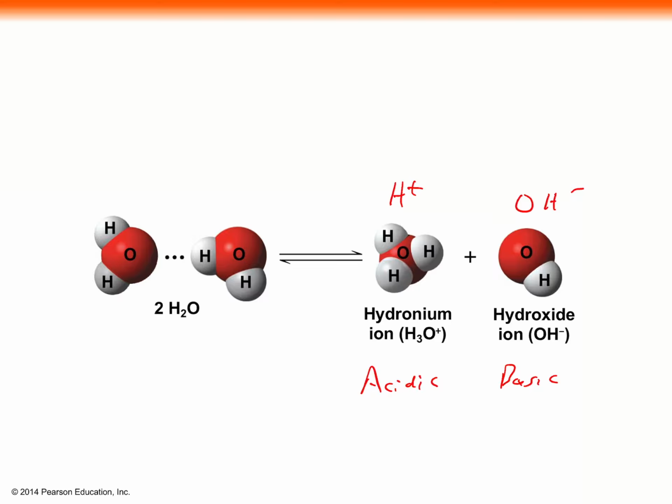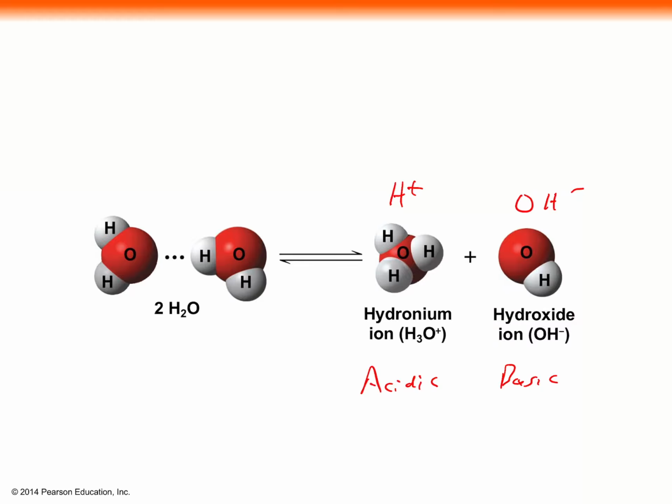So pH, the pH number that you get when you take the pH of a water sample or whatever, is telling us the relative concentration of these two ions. In particular, it's telling us the concentration of proton, hydronium ion. That's what the pH number is. It's telling you the concentration of proton, and from that, you can infer the concentration of hydroxide.